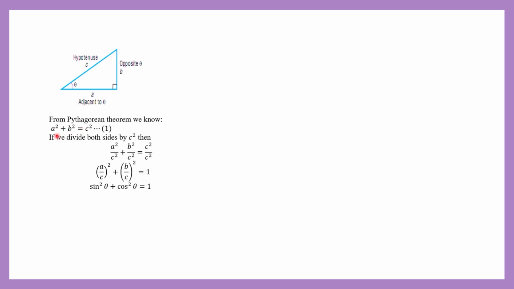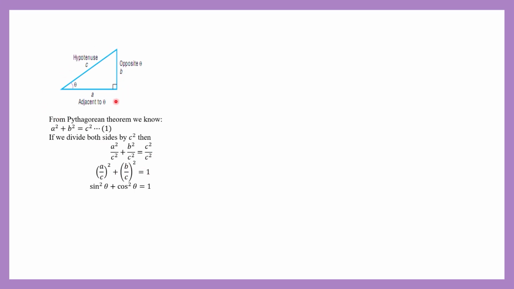Let's divide both sides of this equation by c squared. We will have a squared divided by c squared plus b squared divided by c squared equals c squared divided by c squared. By using the rules of exponents, we can write (a divided by c) squared plus (b divided by c) squared equals 1.